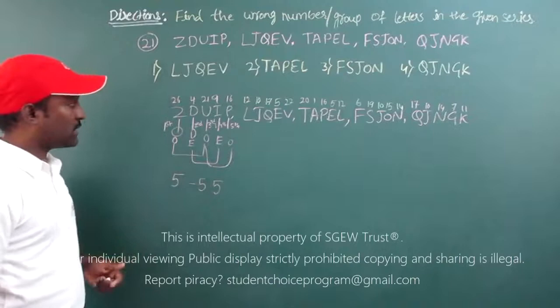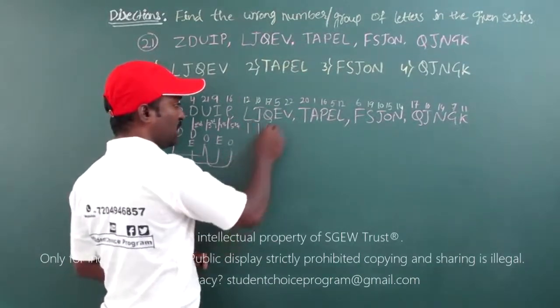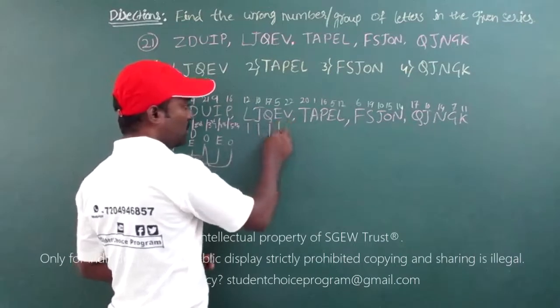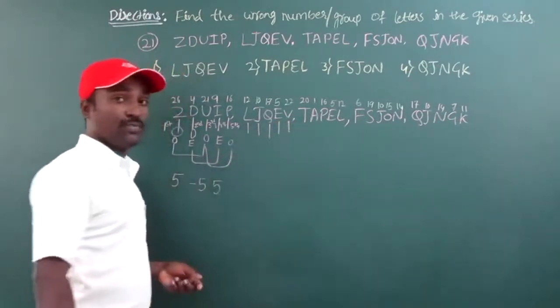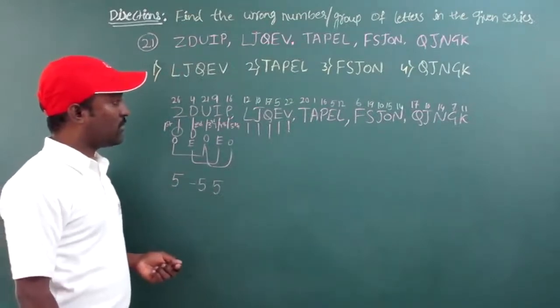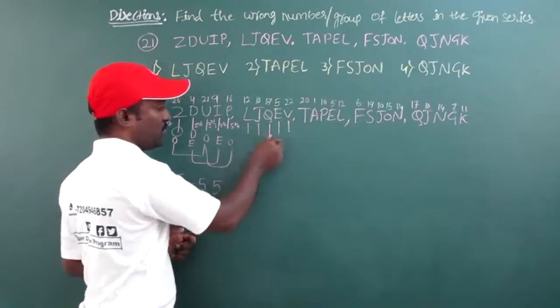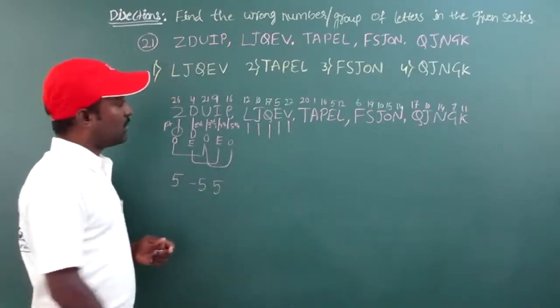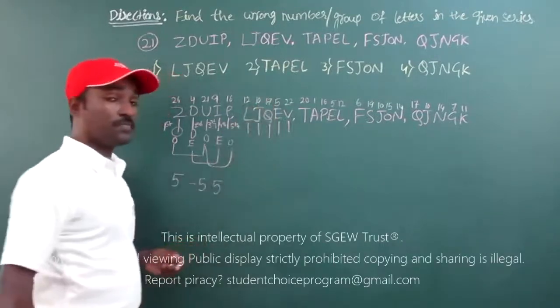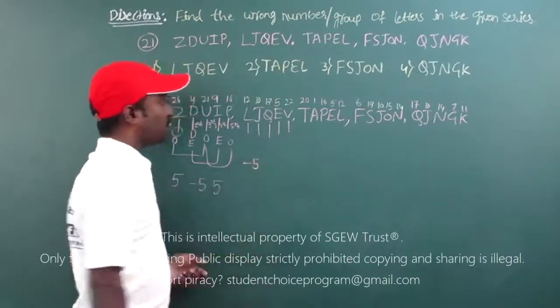Now moving to next. L is the first position, J is second, Q is third, E is fourth, V is at the fifth position. Now you have to take the difference of first and third position. So 12 minus 17 is minus 5.